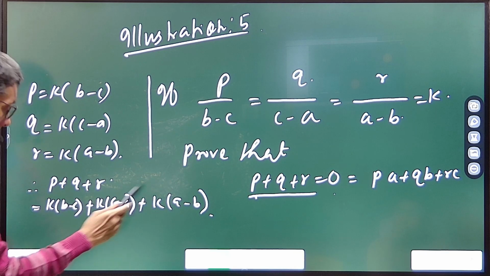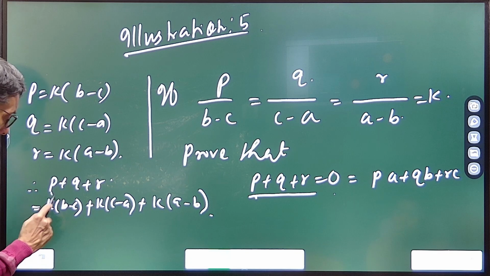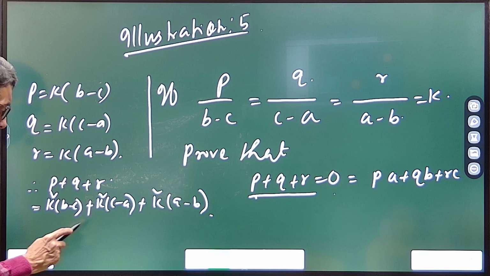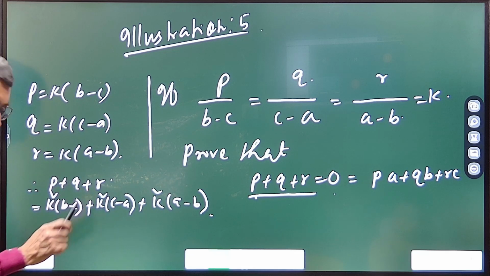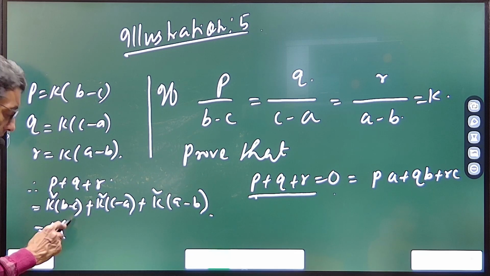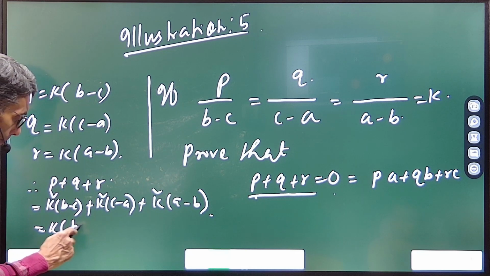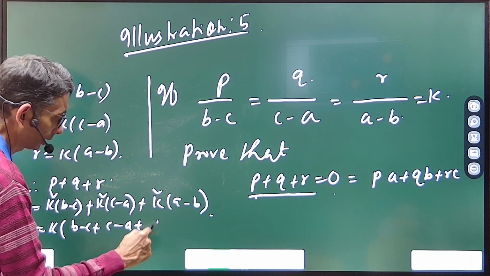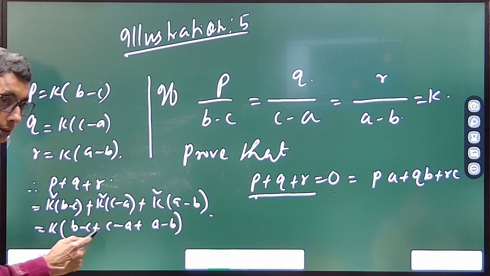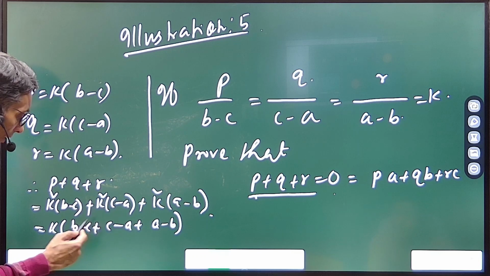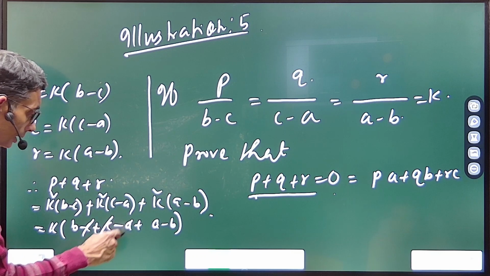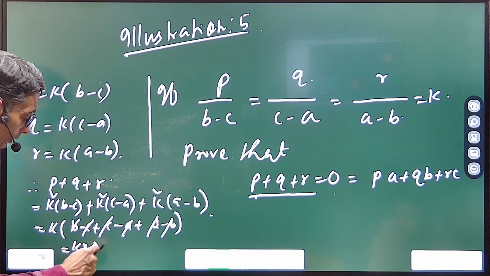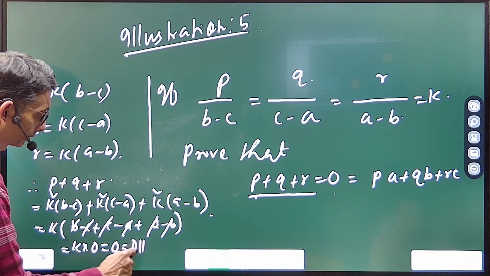In each term K is common, so you don't need to keep multiplying. If you just multiply, then also it will be correct, but normally if it is easy to take common, then take common. Here you get B minus C, here K common you get C minus A, and here K common you get A minus B. Obviously it will cancel out: C cancels out, A cancels out, B cancels out. So it is K multiplied by 0 equal to 0, equal to the right hand side. Done.